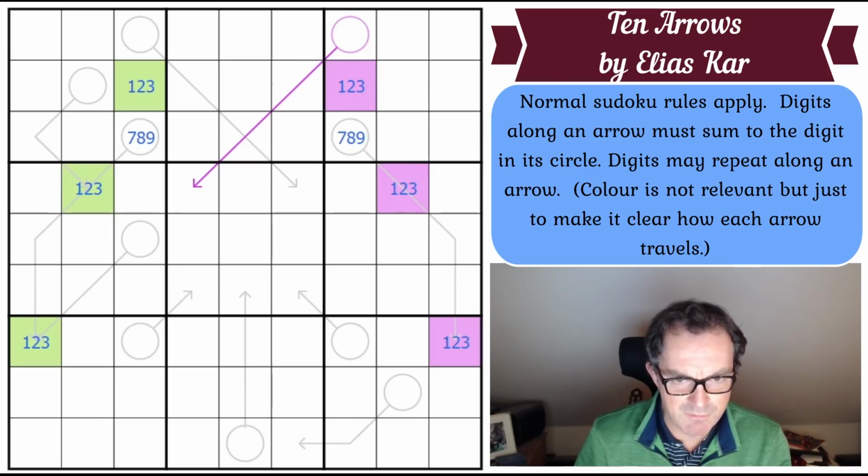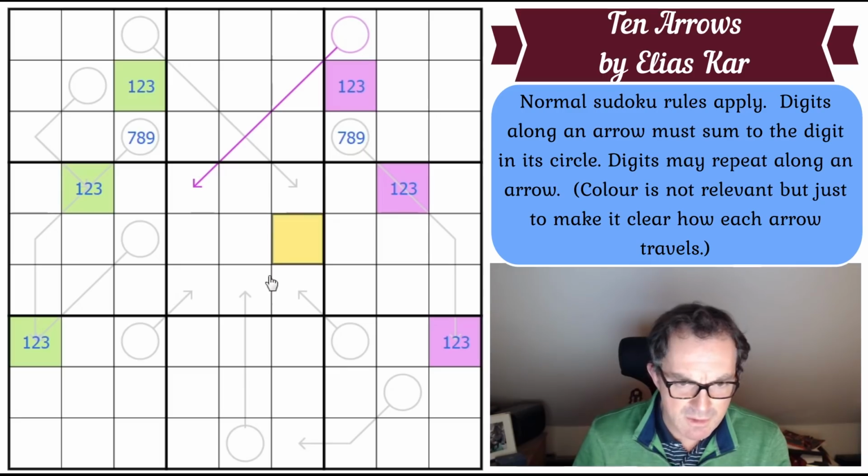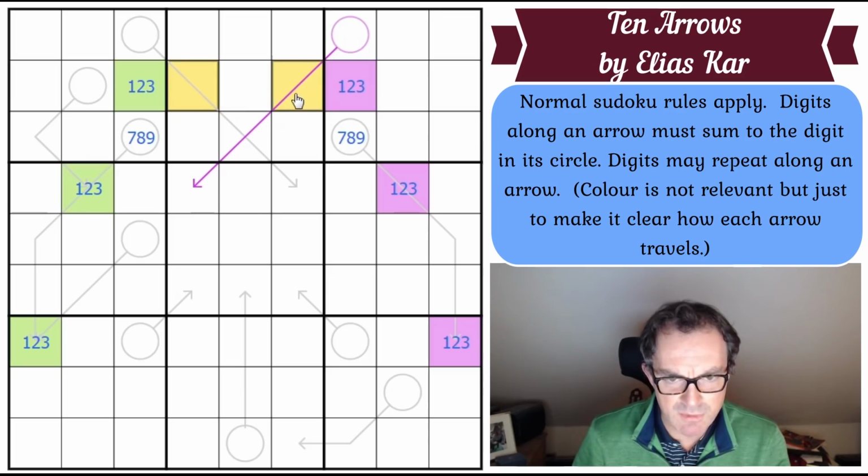Now this looks very interesting. Having condemned these arrows to being useless, I'm now wondering whether that was premature. So whatever green and purple turn out to be, one of those cells has to be at least equal to 4.